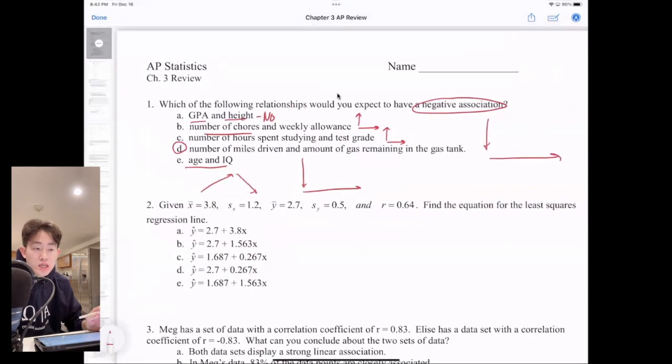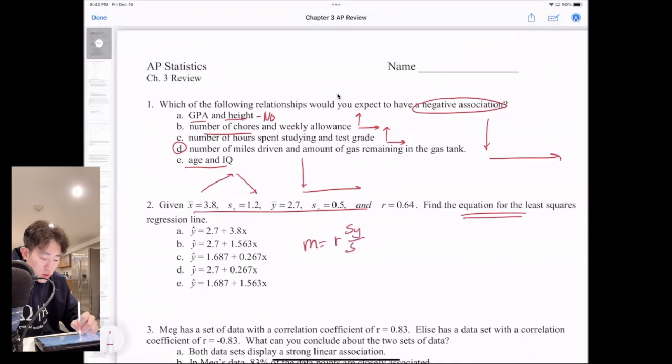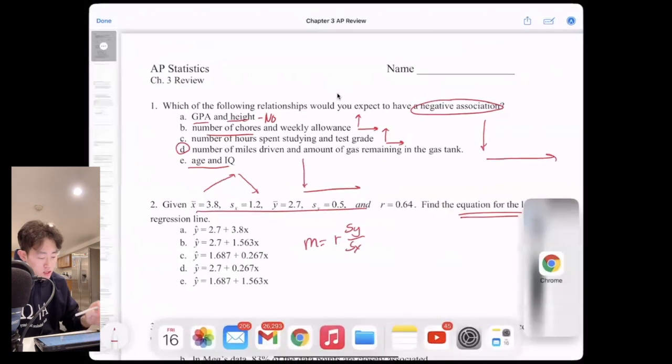Number two, given all of this info, I want to find the equation of the least squares regression line. Now, recall that the slope is always the standard deviation of y over the standard deviation of x times the correlation coefficient.